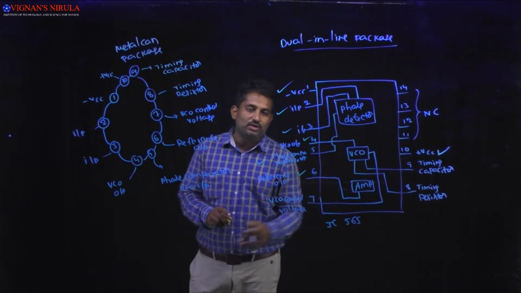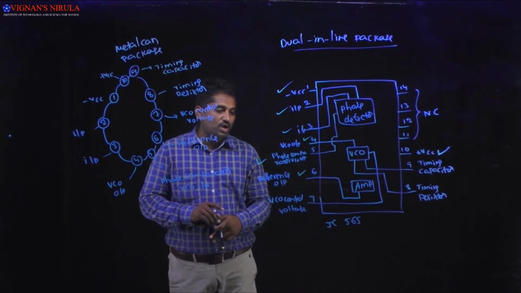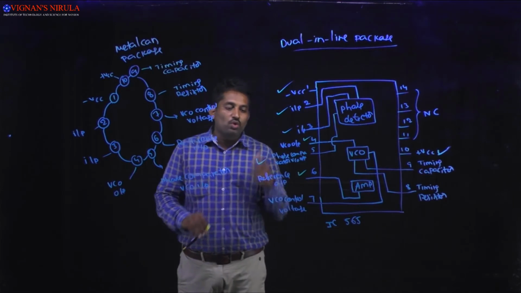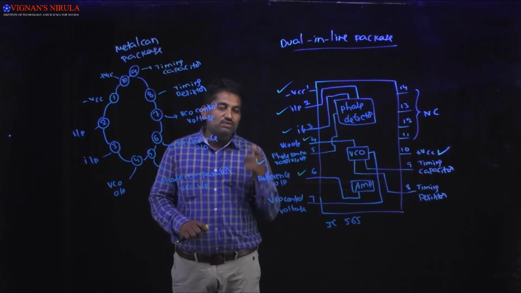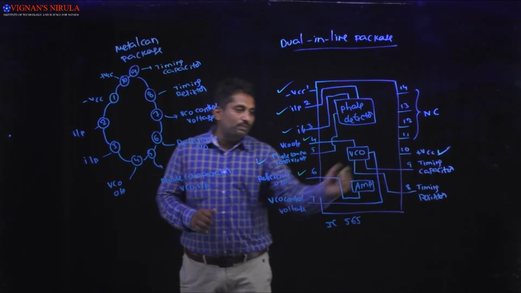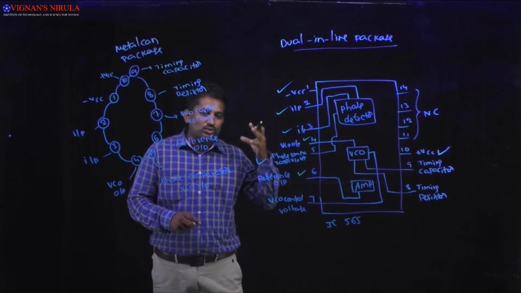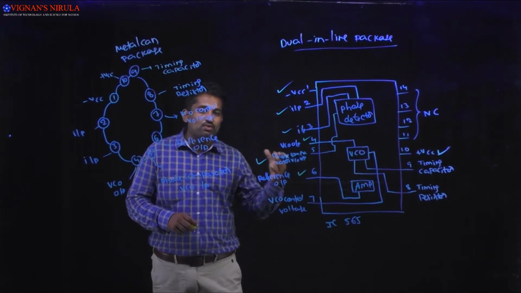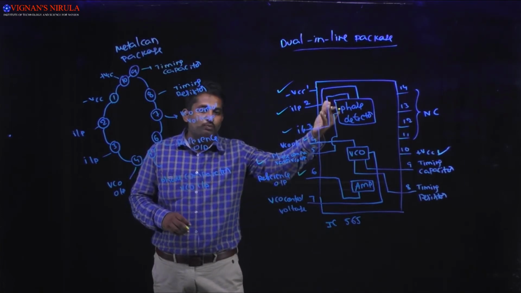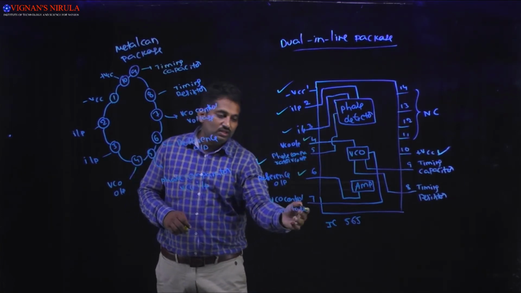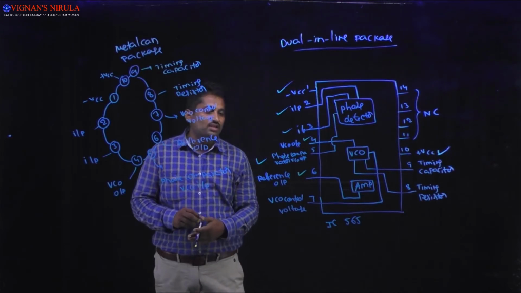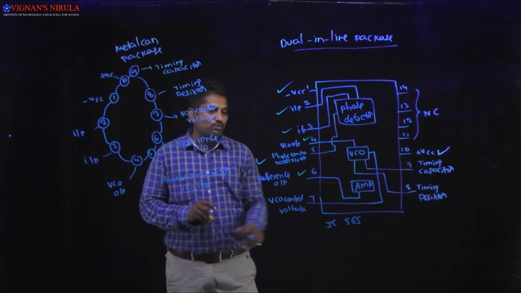And the seventh pin is the VCO control voltage, which will be applied as an input of the VCO. According to that control voltage, VCO will produce the output frequency. That's why the seventh pin will be used as an input pin for the VCO.